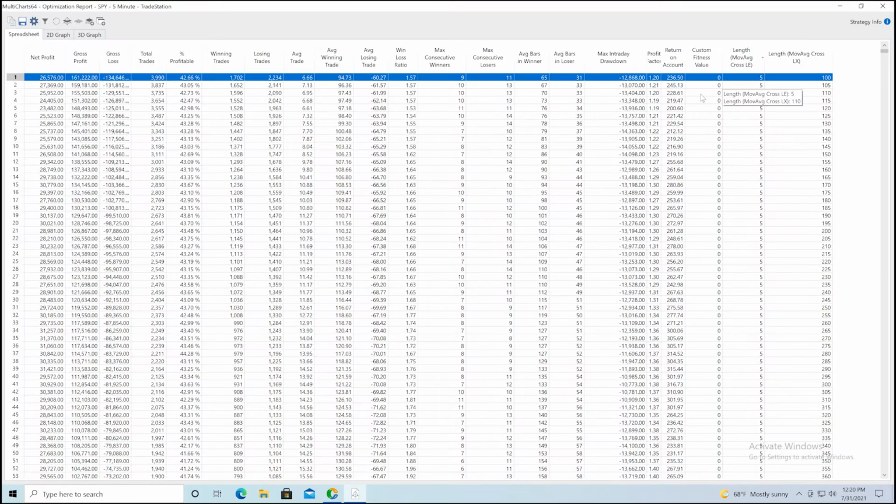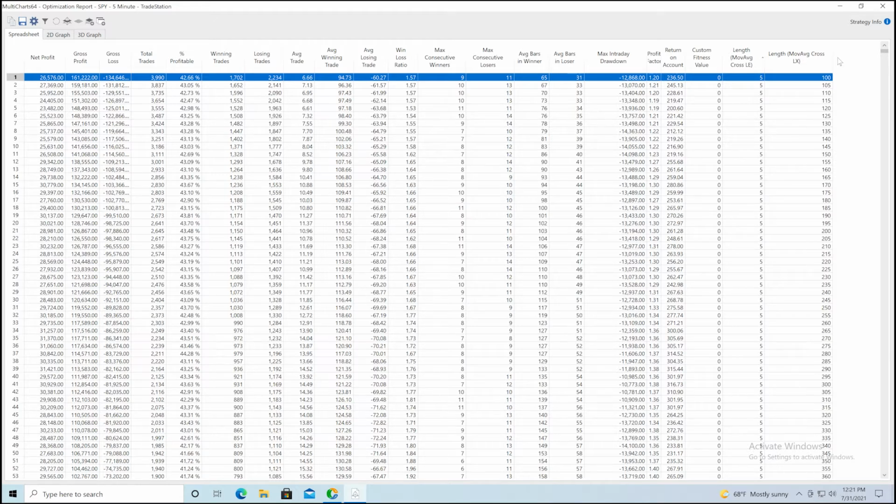So for the very first time on the BTS Trader channel, I actually ran an optimization that took well over an hour. I generally don't like to run long optimizations, but in this case, I originally ran it with limited ranges, and I realized I was being too limited, because the max moving average length that I used was 200.